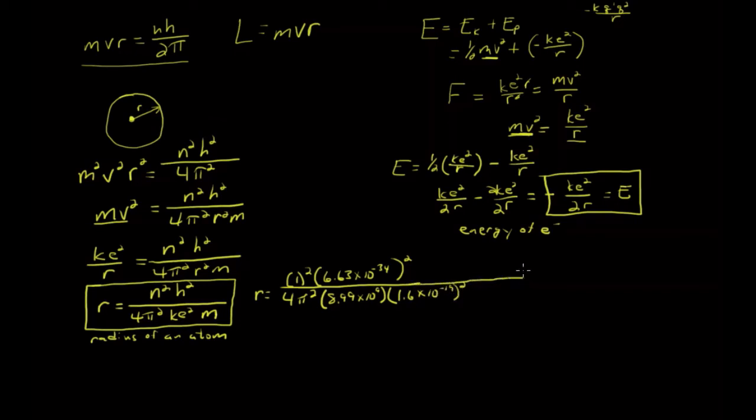It's a very long equation here, times the mass of an electron, 9.110 times 10 to the minus 31 kilograms.